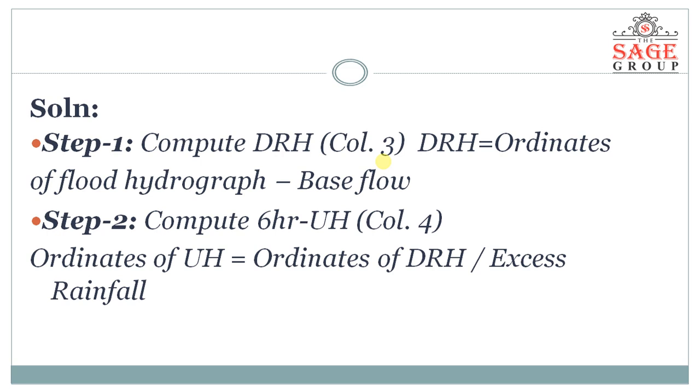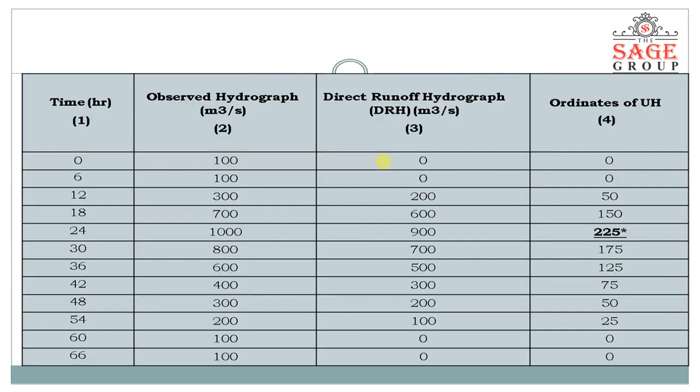Here in the ordinates of unit hydrograph, we see 0 at interval 0, 0 at 6 hour, 0 at 12, 50 at 18, 150 at 24, and 225. Similar calculations give the remaining ordinates of the unit hydrograph.